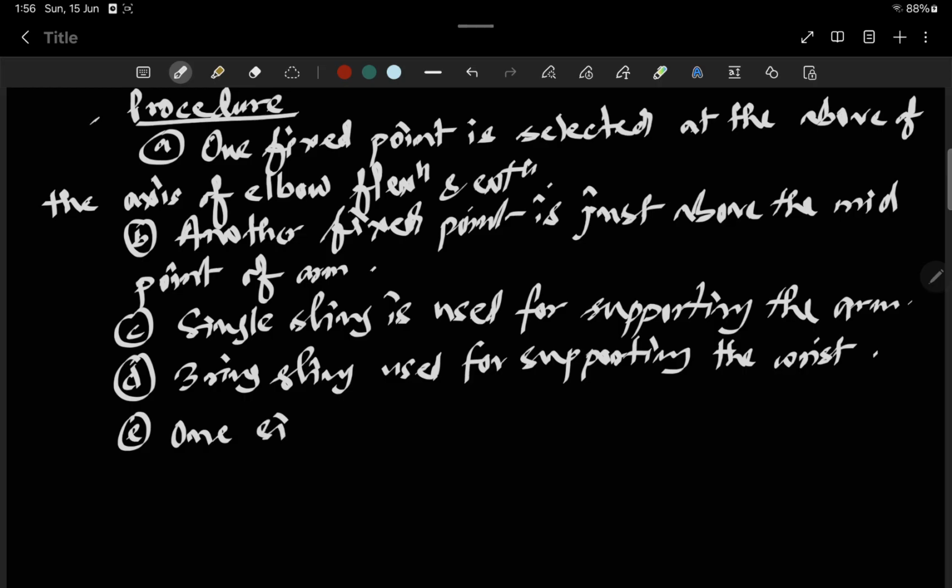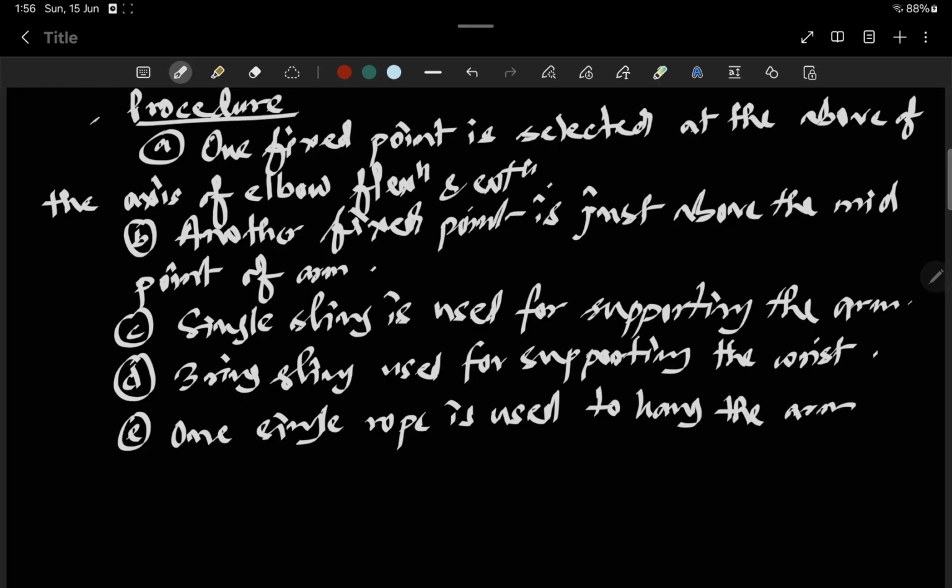One single rope is used to hang the arm and attach to the single sling.